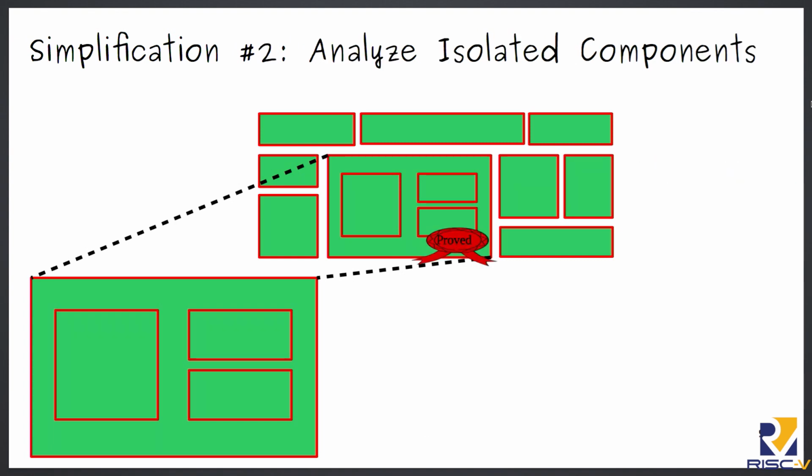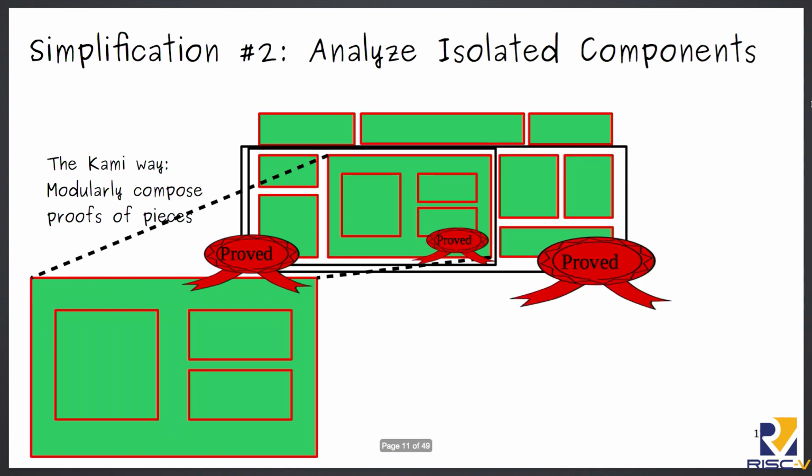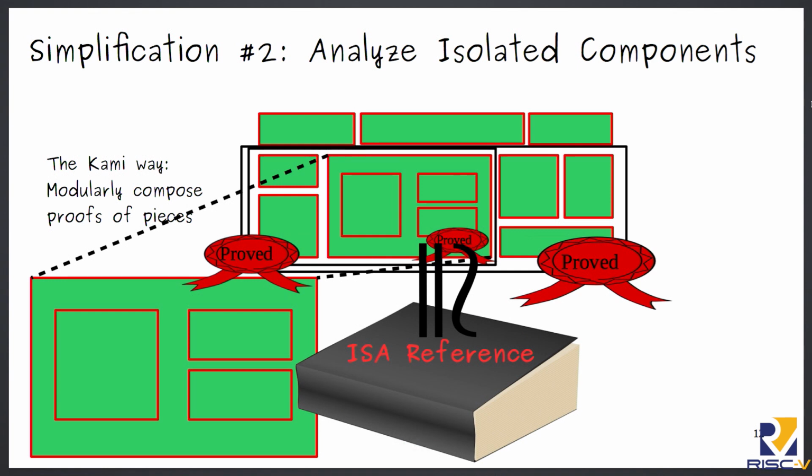Another way we might want to do things differently from widely used formal verification tools is, imagine you've done some kind of analysis and you've proved a property of one of your IP blocks. It would be nice if the story didn't have to end there, if instead we kept building larger and larger proved blocks by composing the proofs that we've done about the smaller pieces, ideally in a nice black box way, work our way all the way up to the full system, and then at this point we derive the kind of theorem that I was just talking about, showing that, say, your processor implements the ISA manual.